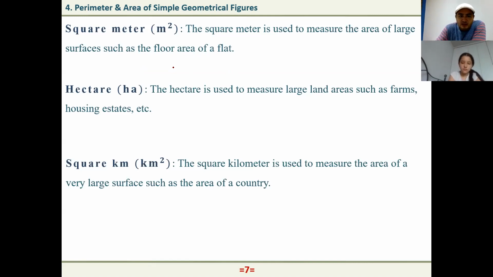Okay, these things. And what we mean by square meter, again, we are given a square, right? All sides are equal, and one side is equal to 1 meter, and the other side is equal to 1 meter. So what is the area of the square then?